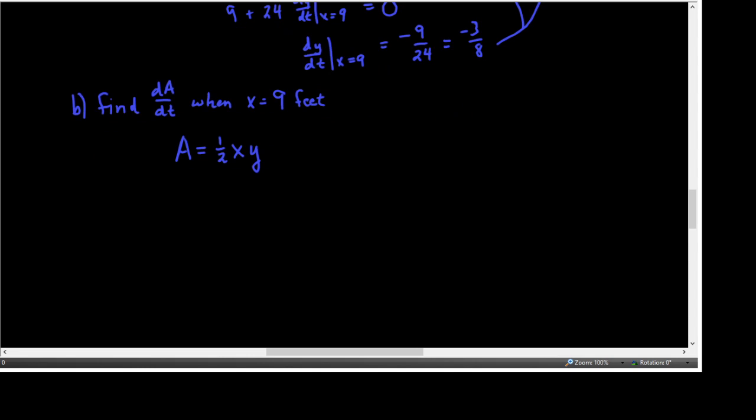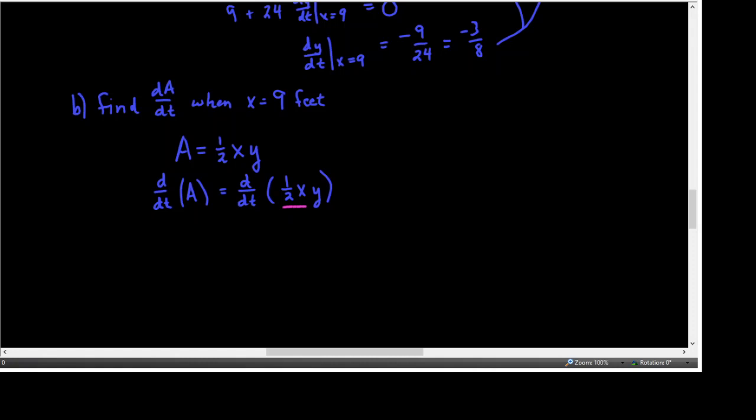Okay, so differentiating with respect to time on both sides. On the right side, again, I'm going to treat the 1/2 x as my first function when I'm doing that product rule.